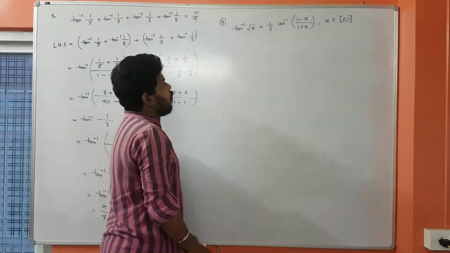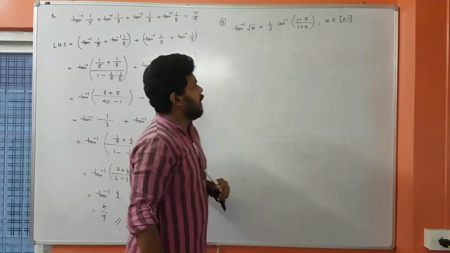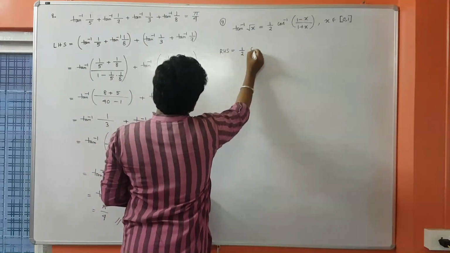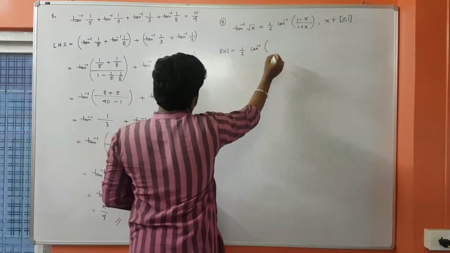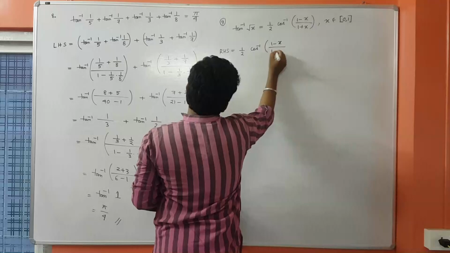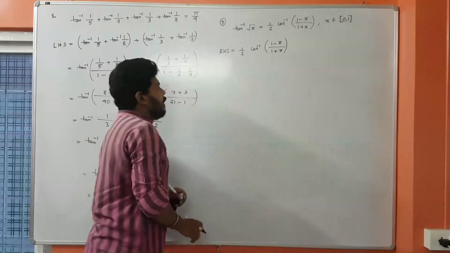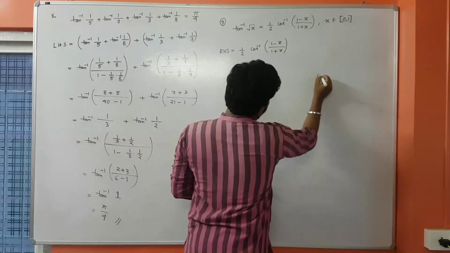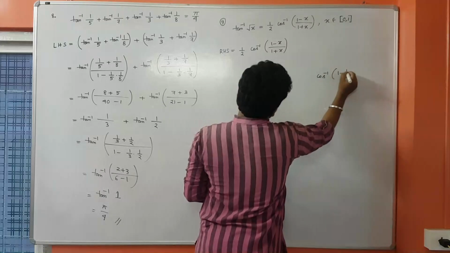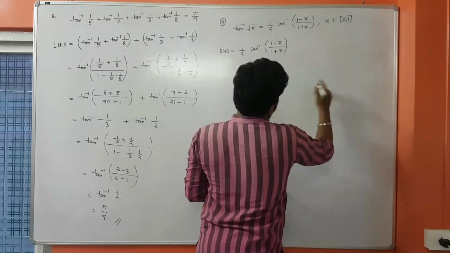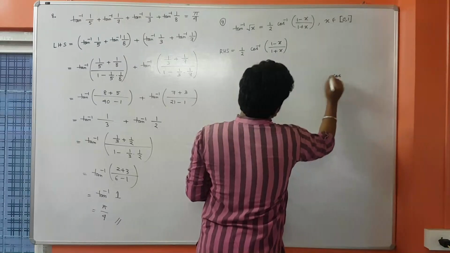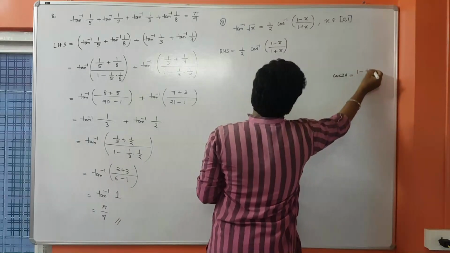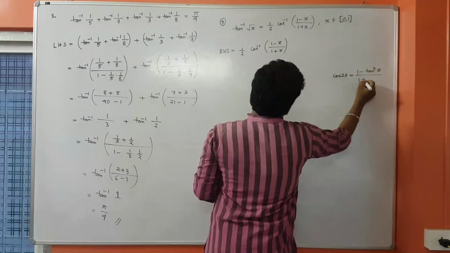So, we will start from the right side. RHS is equal to half into cos inverse of (1 minus x) by (1 plus x). We can use substitution method. Why this? Because you can write cos twice theta is equal to (1 minus tan square theta) by (1 plus tan square theta).